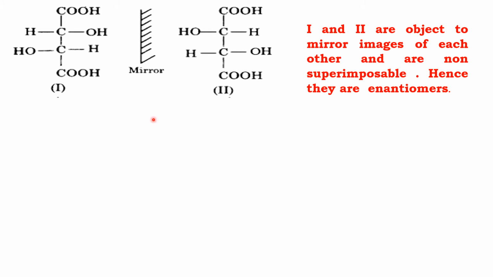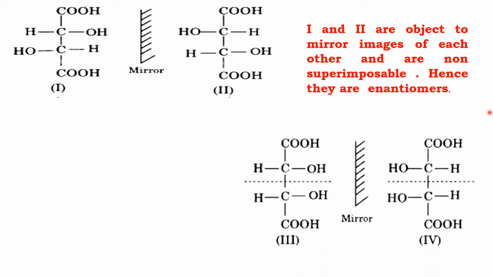So these two are the enantiomeric isomers of tartaric acid. Now just see structures 3 and 4. They are also, in one sense, non-superimposable mirror images.